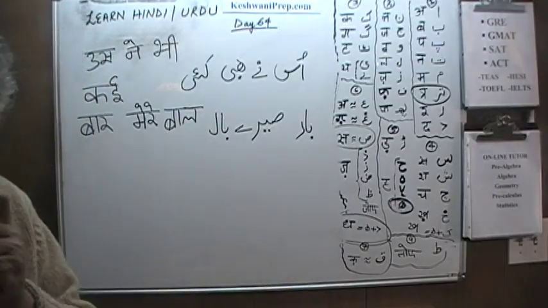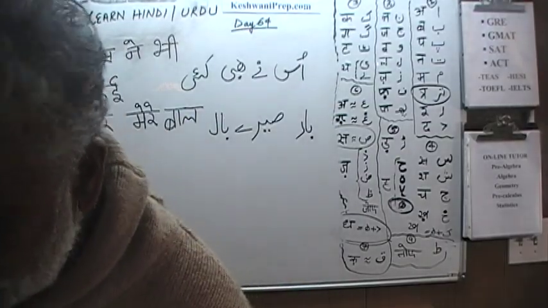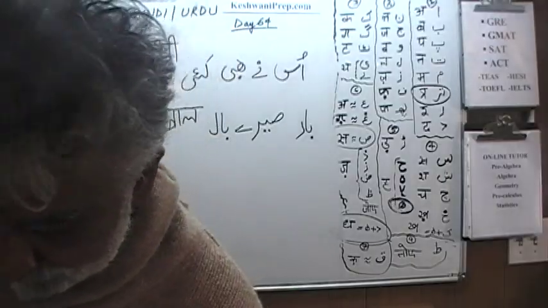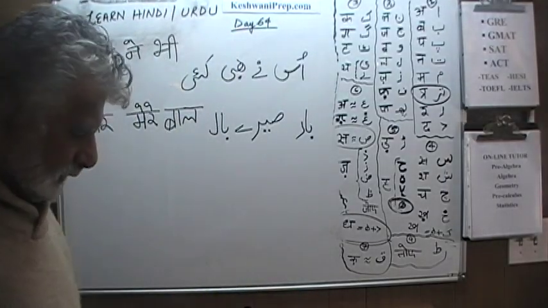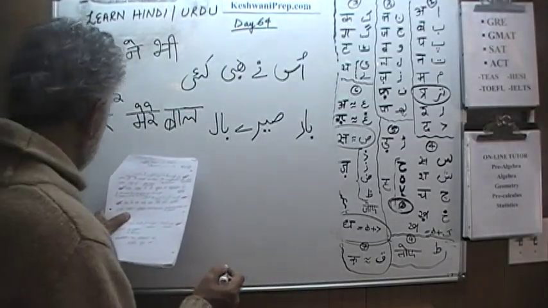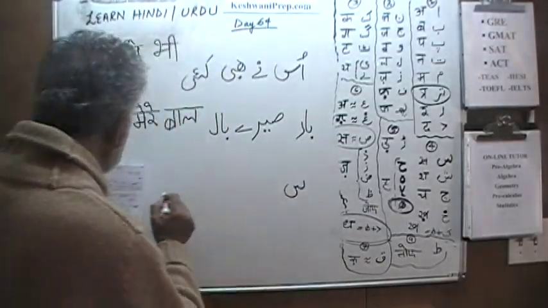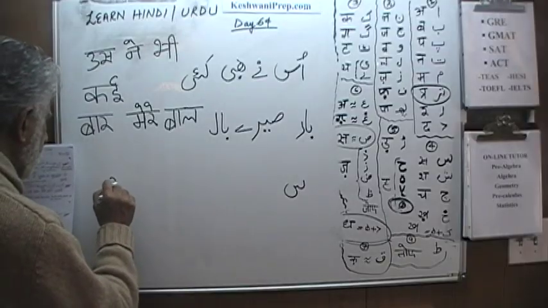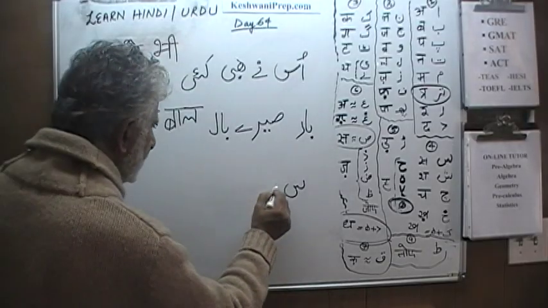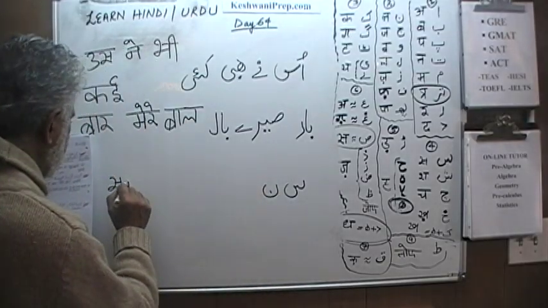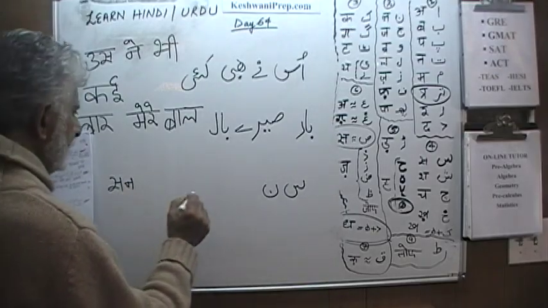The next word is a tricky word. It's a vocab word. We have to learn the word first. What does bal mean? Bal just means hair. Let's learn the word first. As I said, it is a tricky one. So first we need a sin. Then we have a noon. Then we have a wow.